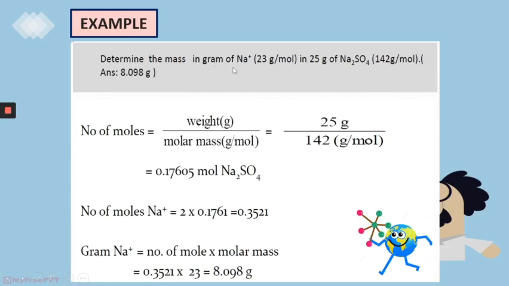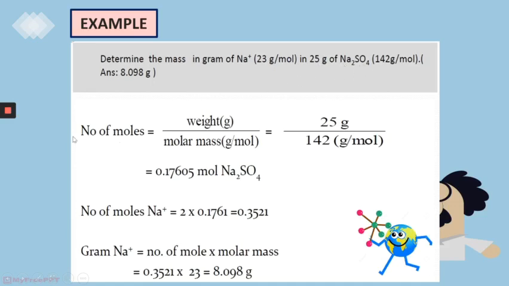The information given is the mass of the Na2SO4. Firstly, in order to answer this question, you must calculate the mole of the Na plus. Before you can calculate the mole of Na plus, you must calculate the mole for the Na2SO4.